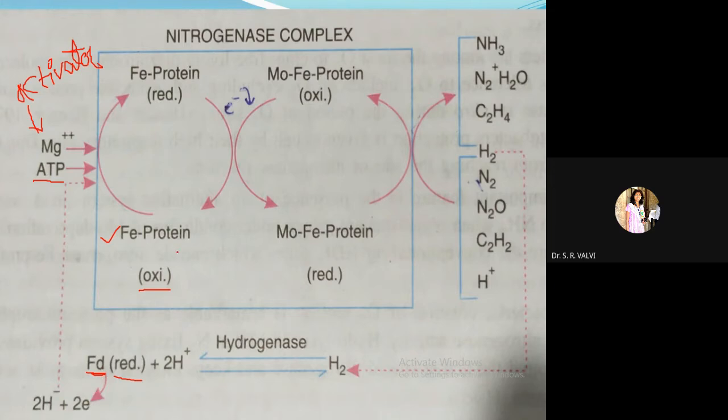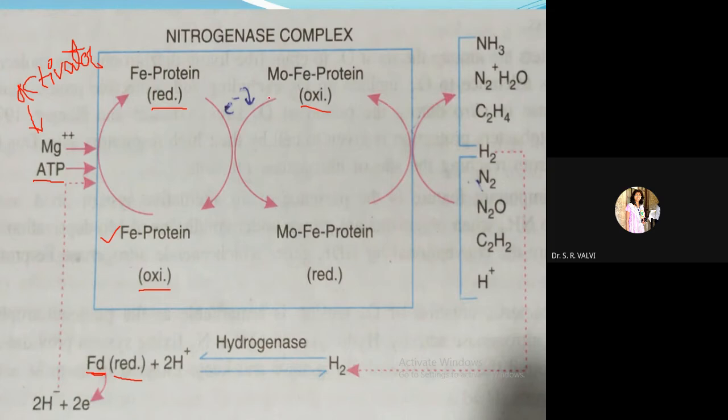Now when this Fe protein takes the electron, obviously it is going to be reduced, and hence here I have written Fe protein reduced form. Then this electron is transferred further to the MoFe protein oxidized form.